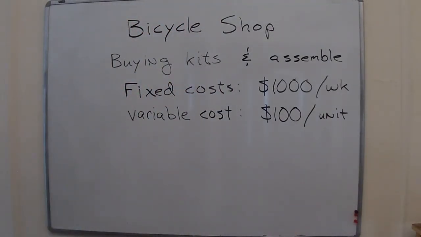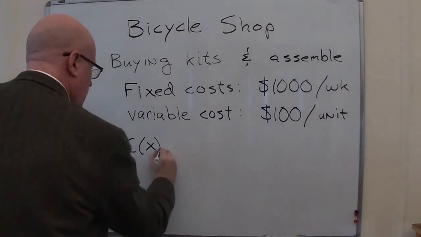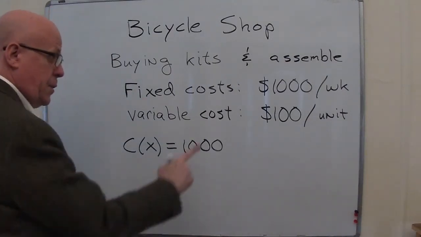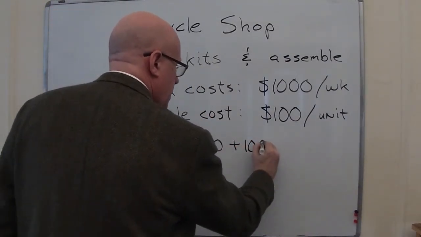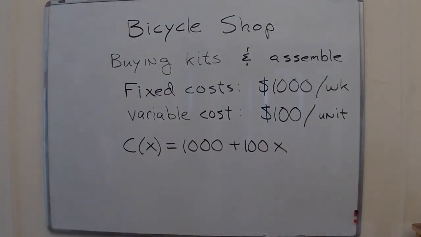From that information, you can build the cost function. It's going to look like this: C of x is this fixed amount, 1,000, plus for every x, you're going to have $100 of variable costs. The two of those bits together are the total of what it's going to cost you to produce x units.